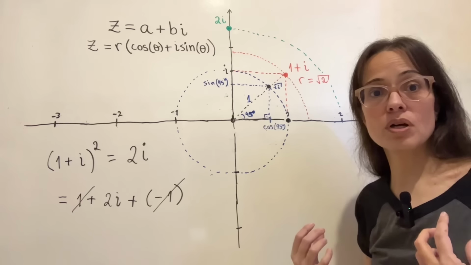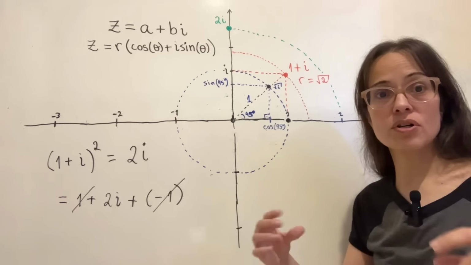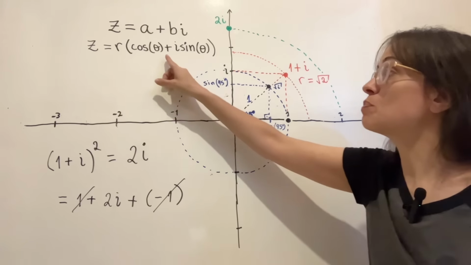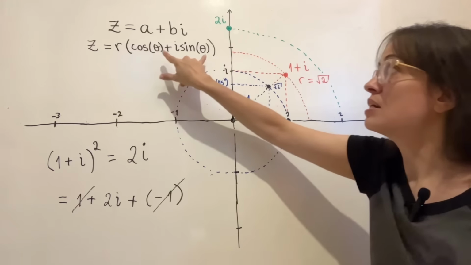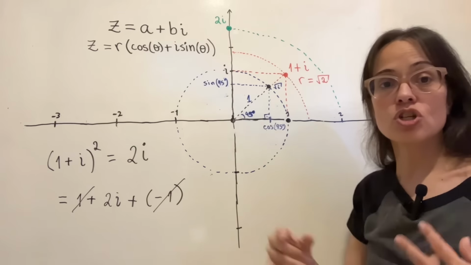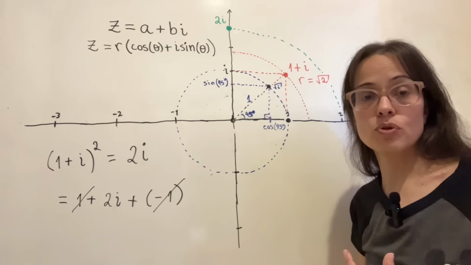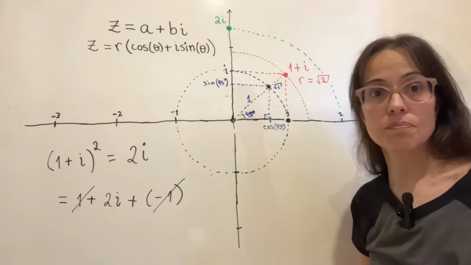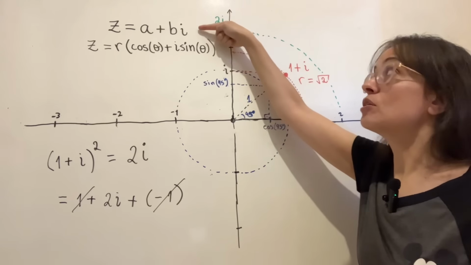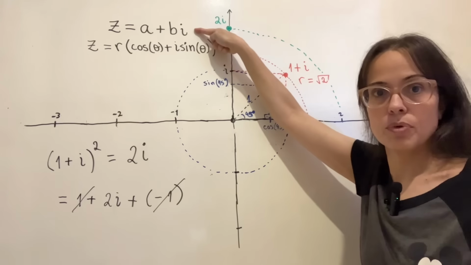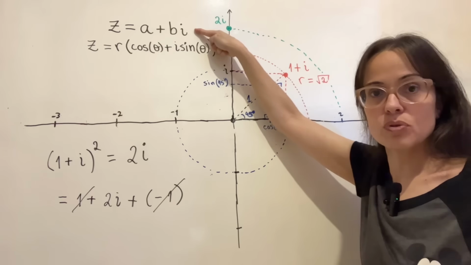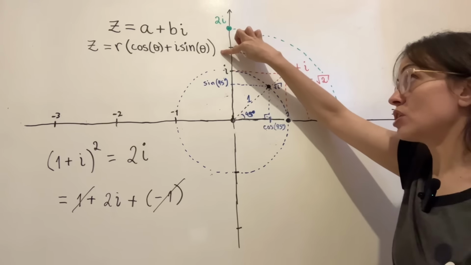But the reason is what I was talking about. It looks longer and uglier, but now it's making reference to the radius and the angle, which are the things that I'm going to want to focus on when I want to multiply numbers. So again, when I want to add numbers, I'm going to be focusing on this. But when I want to multiply, this is going to be more convenient because these are translations and these are rotations and stretches.